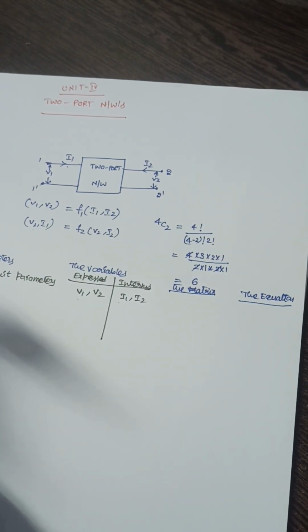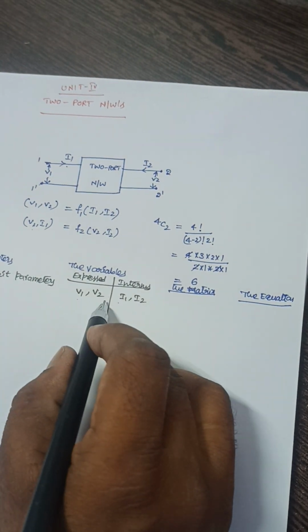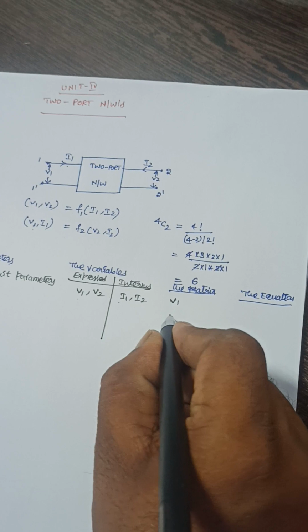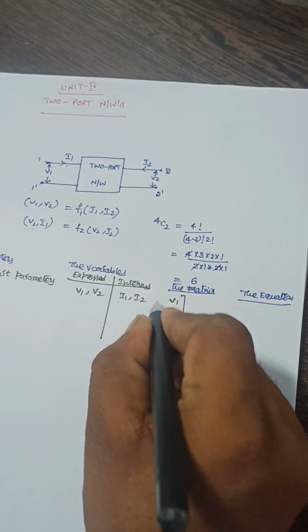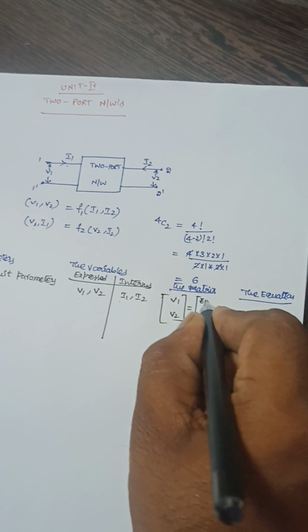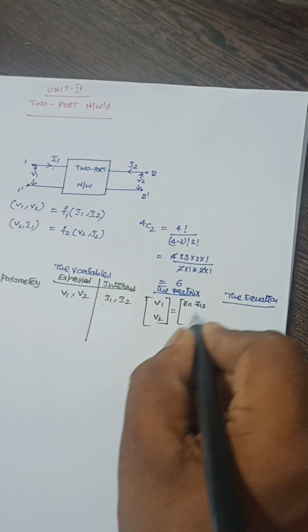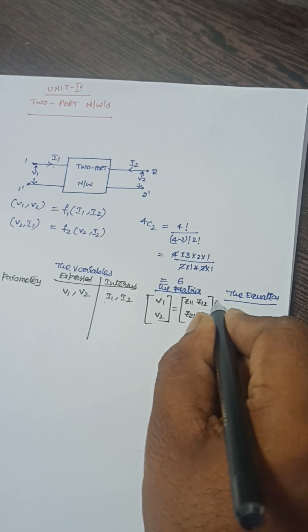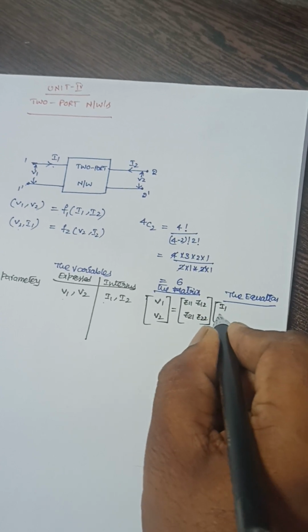So V1 and V2 can be expressed in vector matrix form like this: V1 V2 is equal to Z11 Z12 Z21 Z22, and this is I1 and I2.